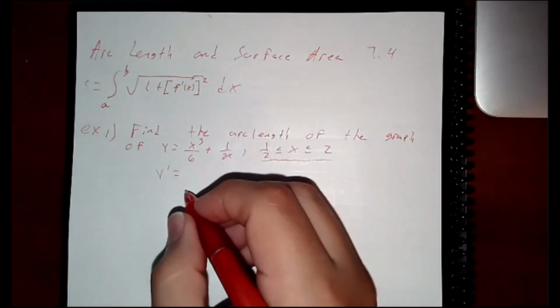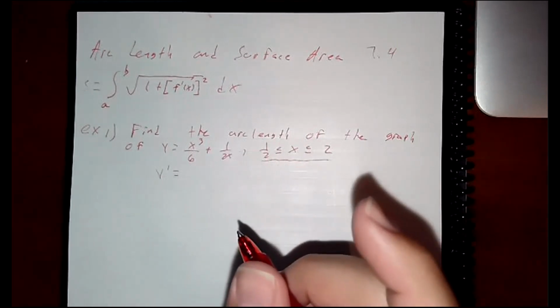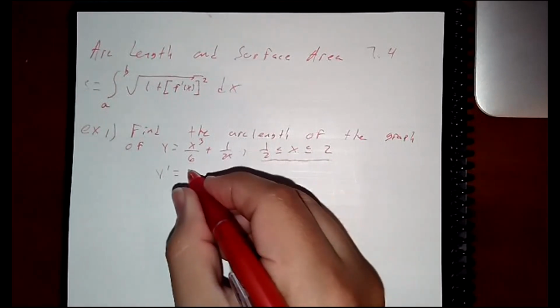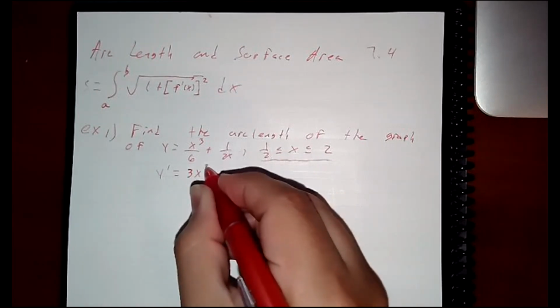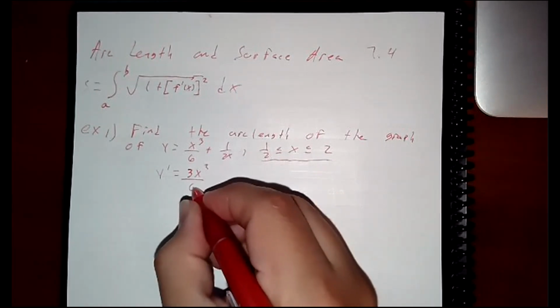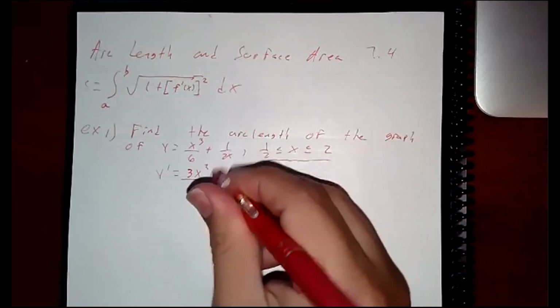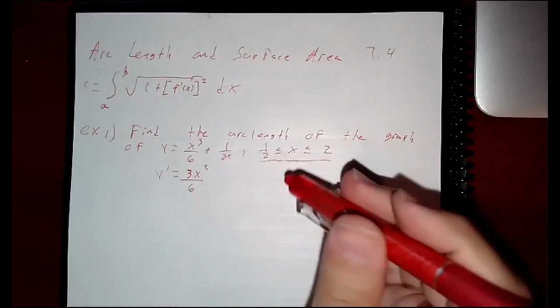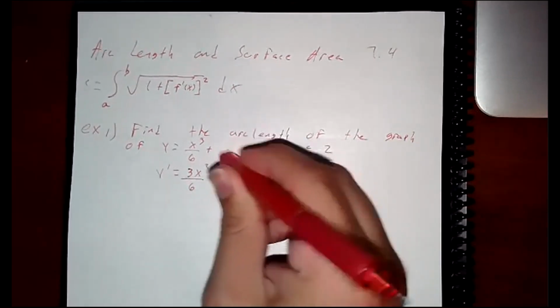Derivative, oops. It's 3x squared over 6. Okay, and the next one? That's 1 over 2x.